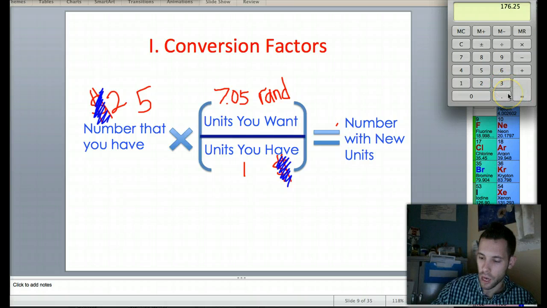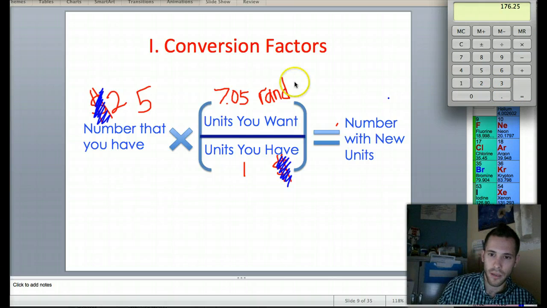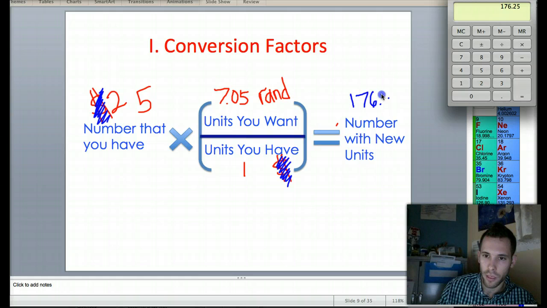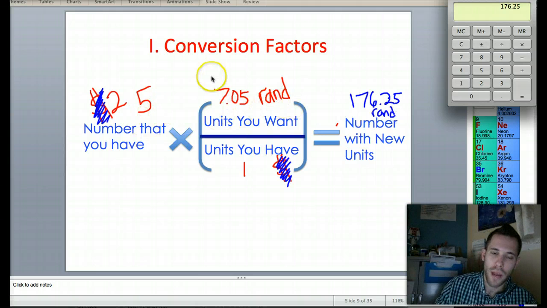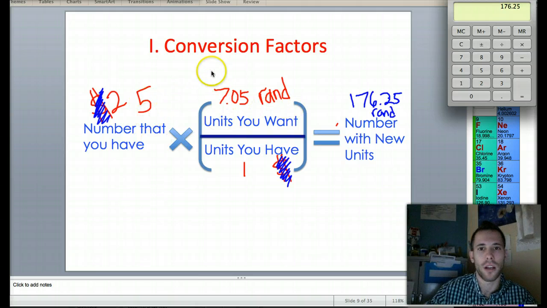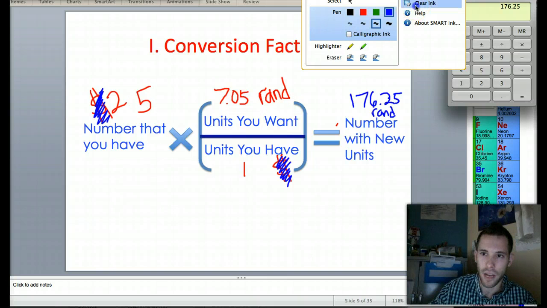And I'm left with 176 rand, which is great. My number with new units, 176.25 rand. Now I know exactly how much rand I'm going to get for my 25 US dollars. This is a very valuable skill.